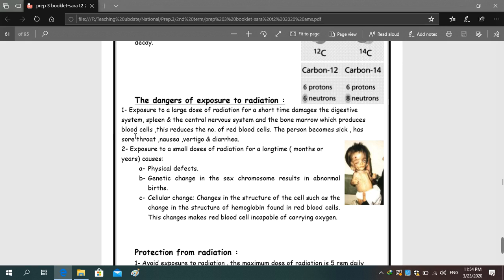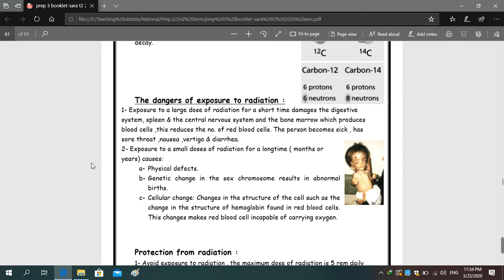These different types of damage reduce the number of red blood cells, and the person becomes sick due to these different types of damage. This is the first type, which is exposure to a large dose of radiation for a short time.